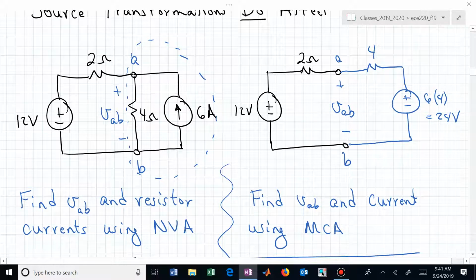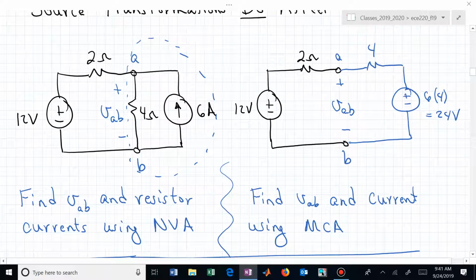Now what we want to do is demonstrate that the components of the source that we've now transformed, the 4 ohm resistor and the 6 amp current source, will be experiencing different powers than what we have over here on the right hand side with that 24 volt voltage source.